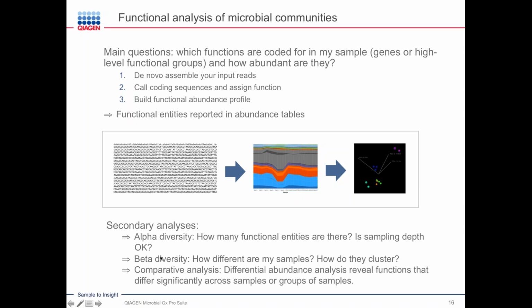And then beta diversity, as I also talked about, how different are my samples from each other and how do they cluster? And then further comparative analysis, so differential abundance analysis, can be used to reveal functions that differ with statistical significance across samples or across groups of samples. So we'll go through all these steps in a live demo in a moment.